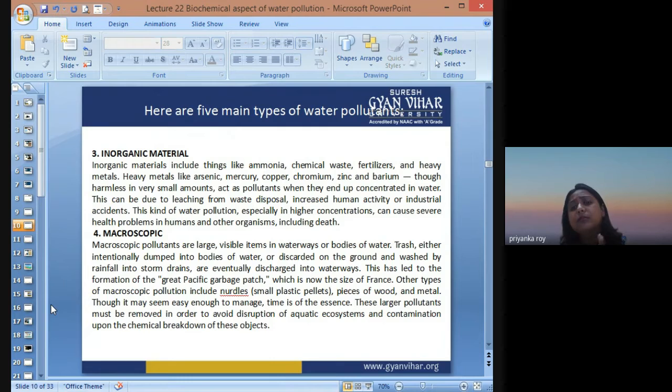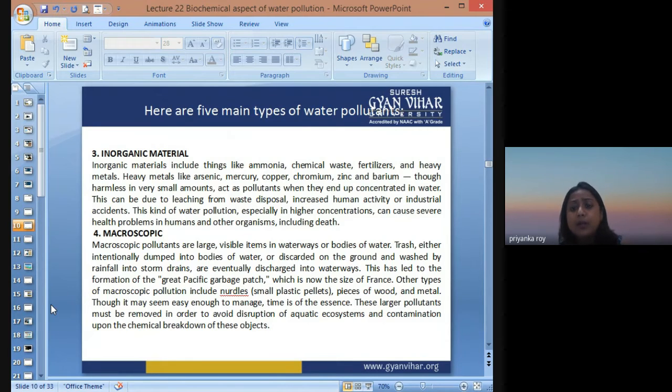Next, macroscopic pollutants are large, visible items in waterways or bodies of water, and trash, either intentionally dumped into the water body or discharged and washed by rain in storms and storm drains.